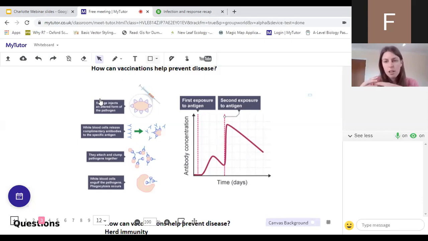Then they clump the pathogen together, and the phagocytes can come along and engulf and destroy it. So you might have a little immune response, some sort of symptoms, but they'd be very, very light. You might just be a bit tired. Your body's working a bit harder than normal, but they wouldn't be contagious.